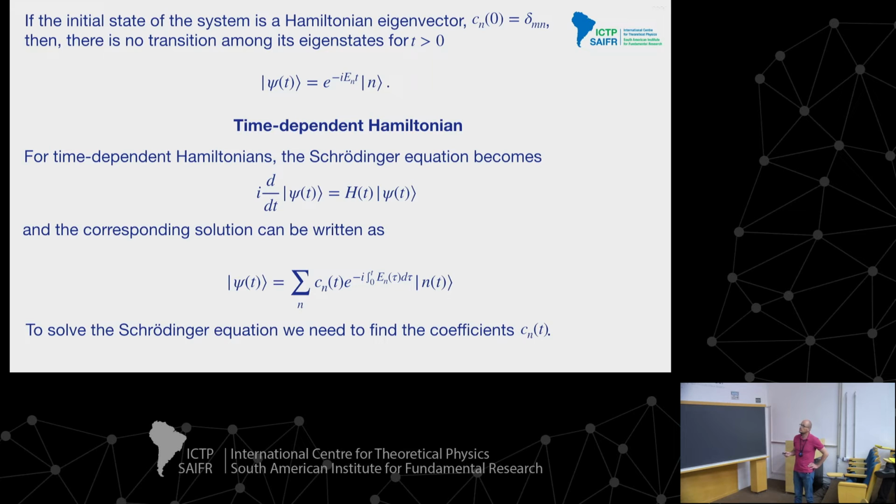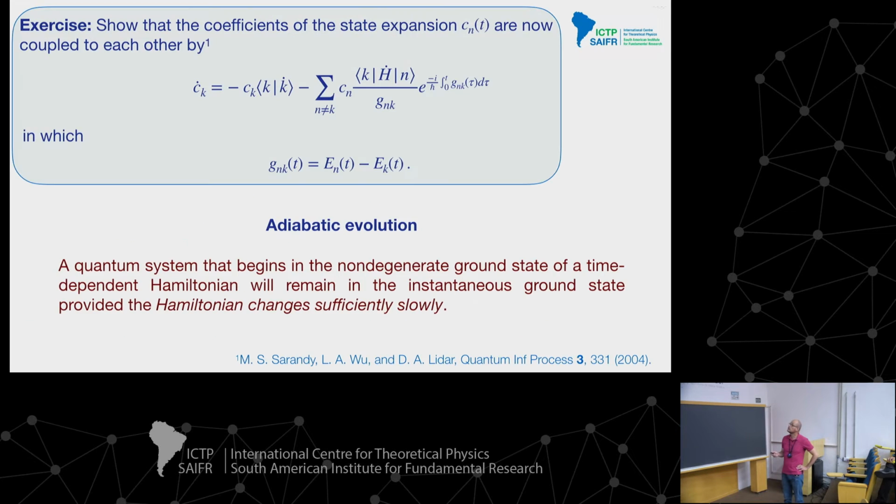This phase is the dynamical phase of the evolution, and this is the time-dependent coefficients. So the solution of the Schrödinger equation will be determined if you find these coefficients. But the problem relies exactly here.